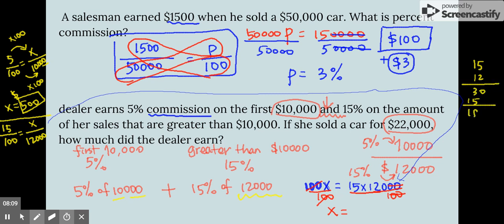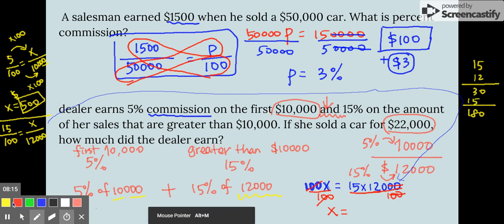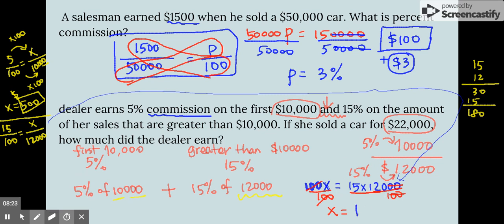So it's going to be 180, and then there was a 0 at the end, right? So it's 1,800. Let me just choose this color. 1,800. So this is going to be your second commission.